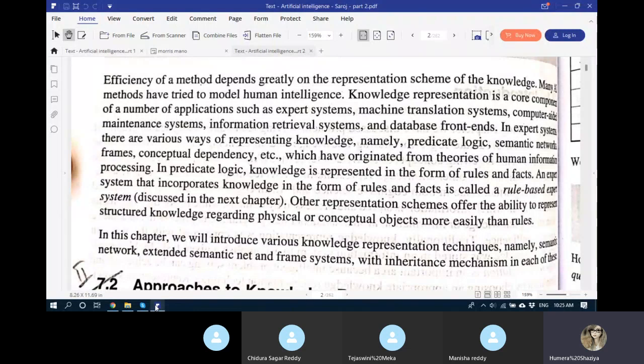Machine translation system. Suppose a machine is given a knowledge base where you give a sentence in English and a sentence in French. It has a huge knowledge base of these translations.